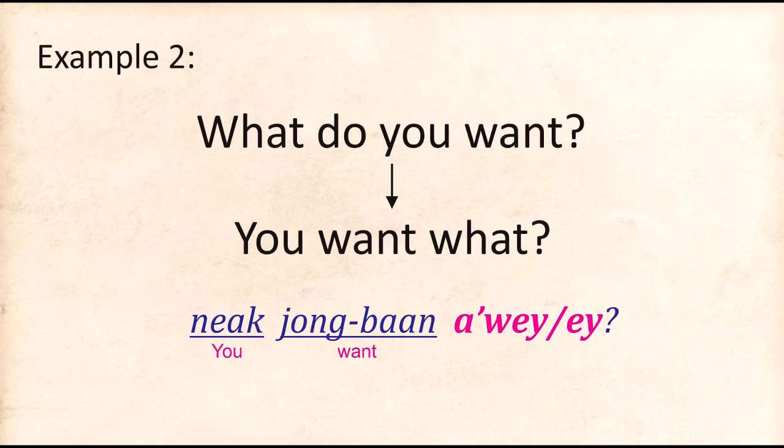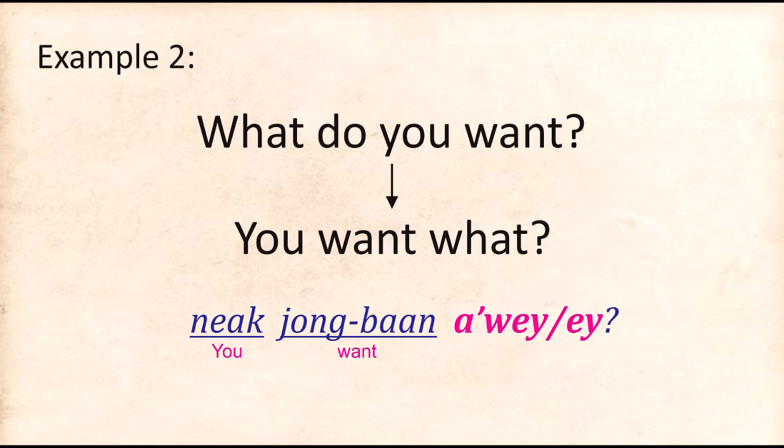Okay, now go to example number 2. "What do you want?" In Khmer, "you want what?" We have no auxiliary verb "do" anymore. So in Khmer, "Neak chong ban avai" or "Neak chong ban ai."